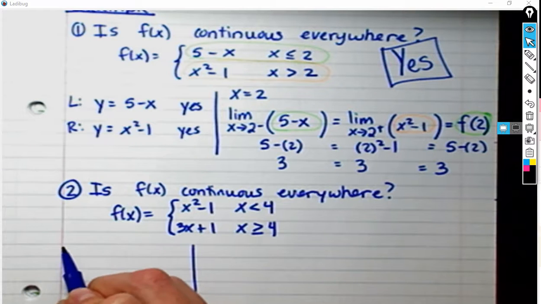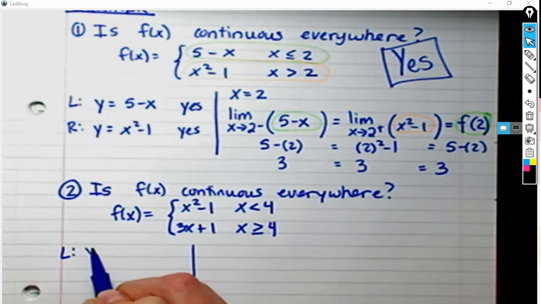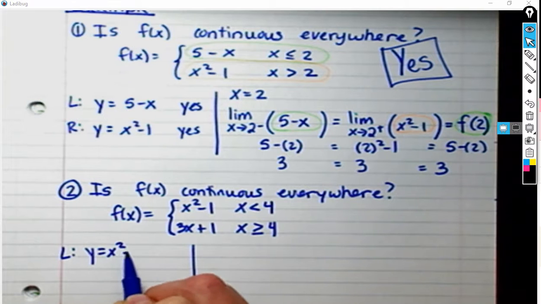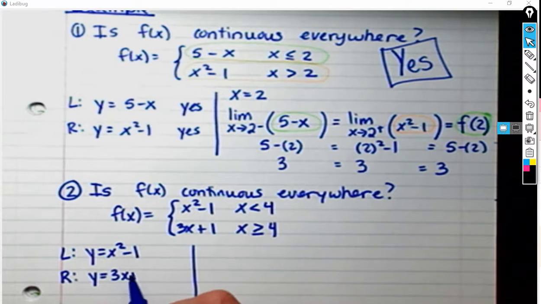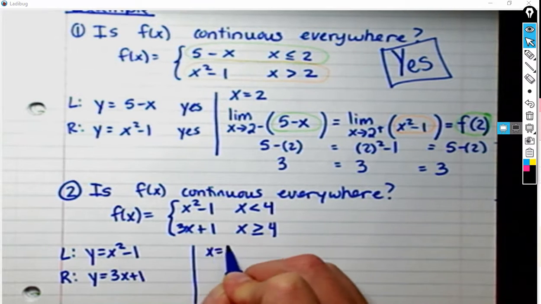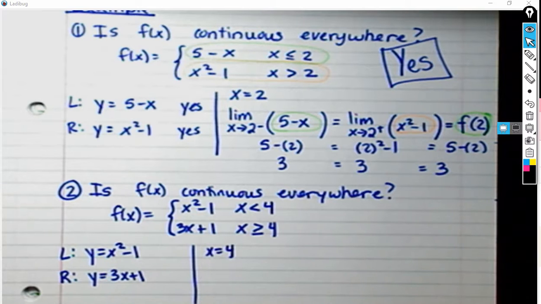Same thing. The left side, the right side, the transition. Those are the 3 things I need to look at. I have a left side, a right side, and a possible transition.